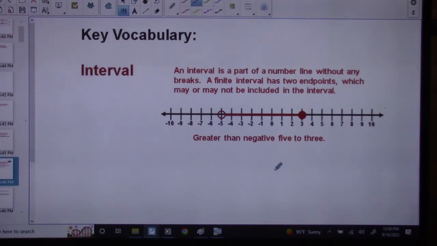We could also say x is greater than -5, yet less than or equal to 3. Are you familiar with this kind of notation, inequality notation? Does that look familiar to you?